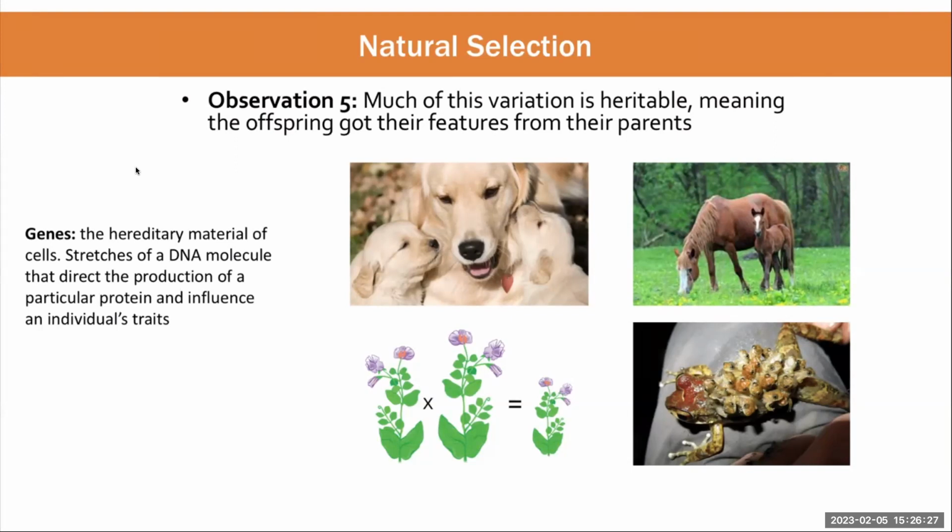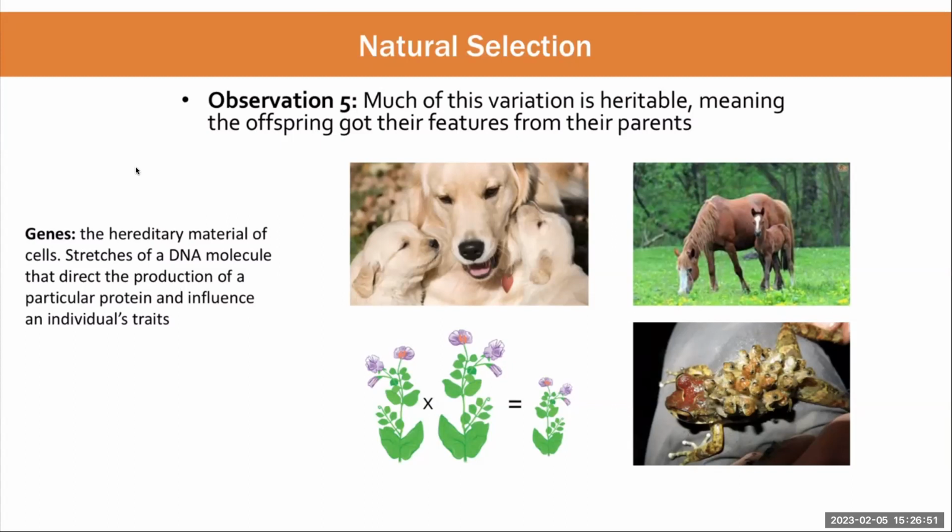We now know those principles of inheritance, and genes are the hereditary material carried in our cells. So our cells have DNA molecules, and there are regions of a DNA molecule that specify the production of a particular protein and that influence an individual's trait.